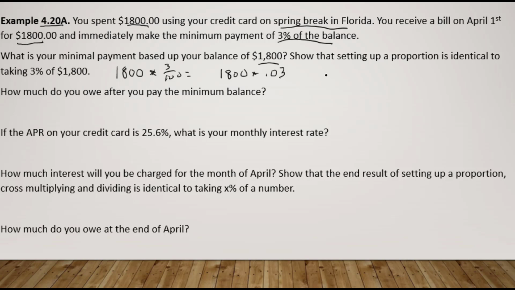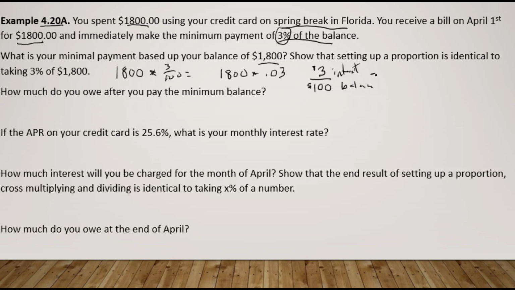Now, if you want to do it with the proportion, which is kind of nice in a way because it gets you to really understand what 3% means in terms of interest. So 3% means $3 in interest for every $100 in balance. Interest, balance.